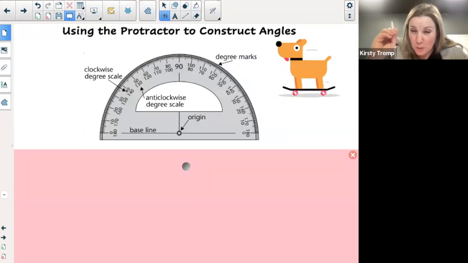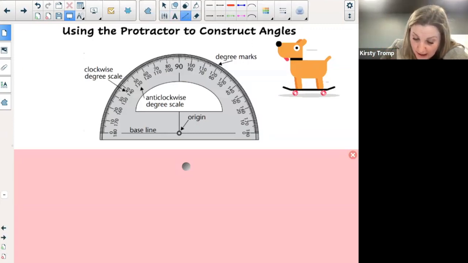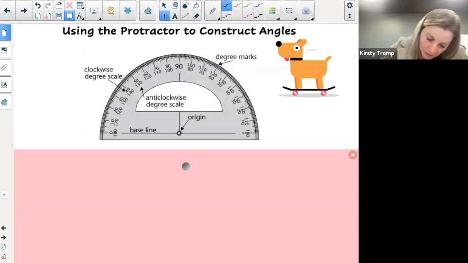If you remember, when we did the section on angles in the beginning, we did some notes. I'm going to do a quick note here for you. So here is an angle. This would be a vertex over here.